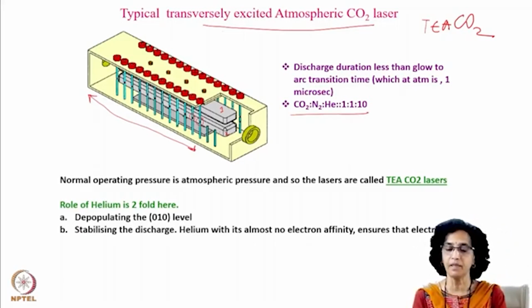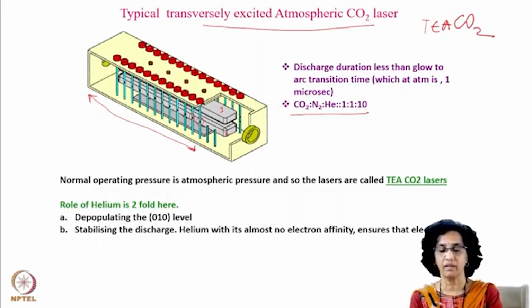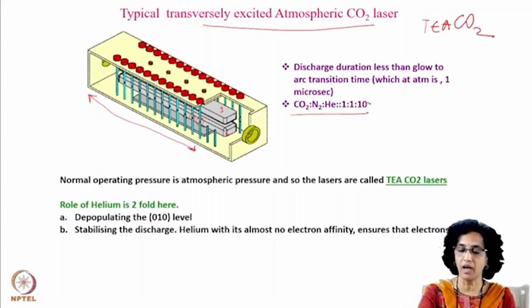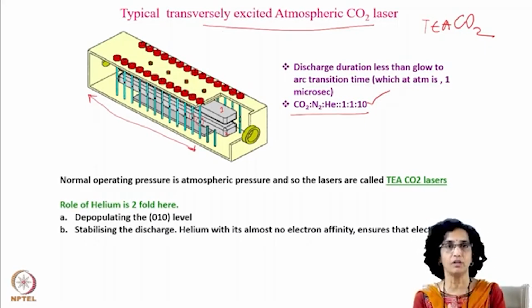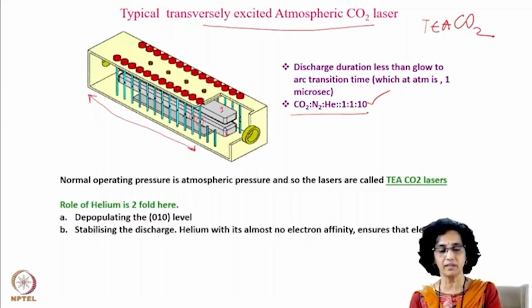I had told before that the gas composition is something like this: CO2, nitrogen and helium in the ratio 1:1:10. Whereas for CW operation, continuous wave operation, we have always said 1:1:4 or 1:1:5 is good enough. So why so much higher concentration of helium here? That is because helium here has two roles. First is, of course, repopulating the 010 level.